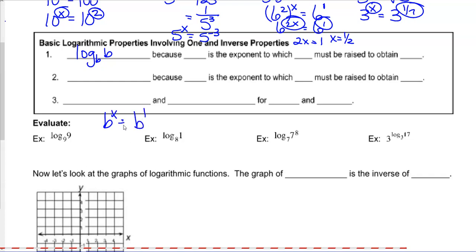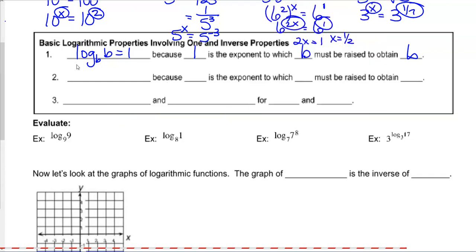Well, what's the invisible power here? It is 1. Therefore, if I have a base and an expression here that are exactly the same, this whole value is 1, because 1 is the exponent to which b must be raised to obtain b back. Okay, I'm going to erase this part here.